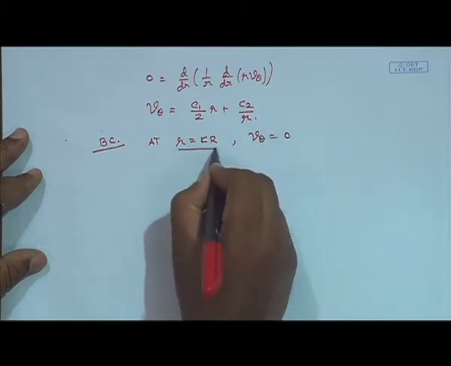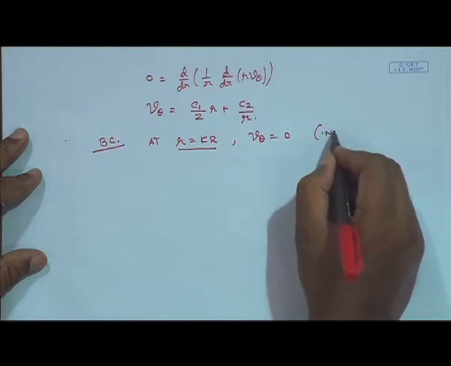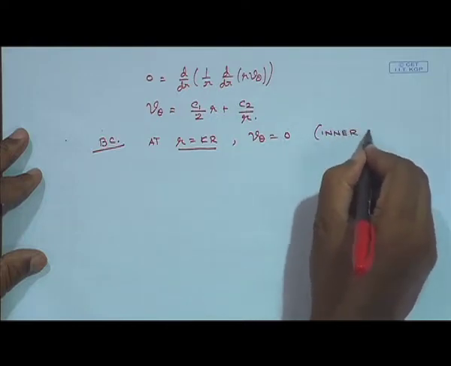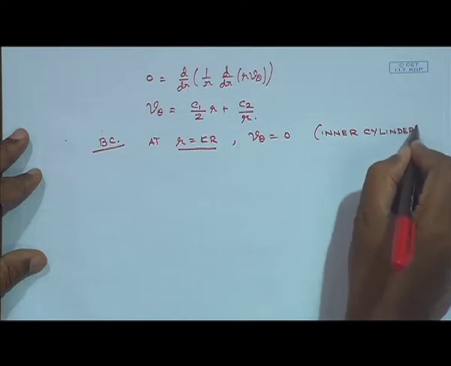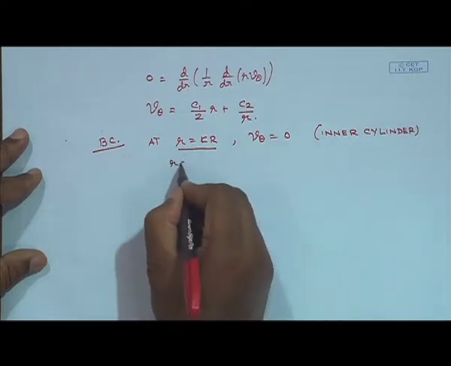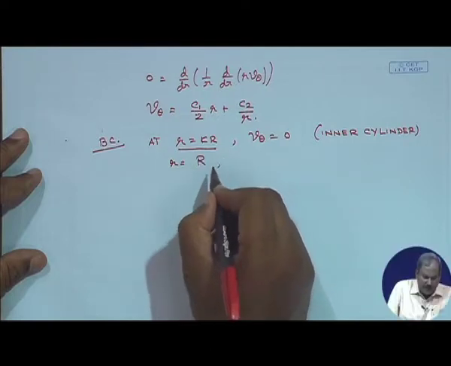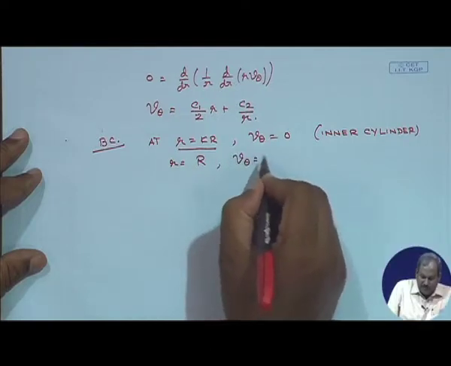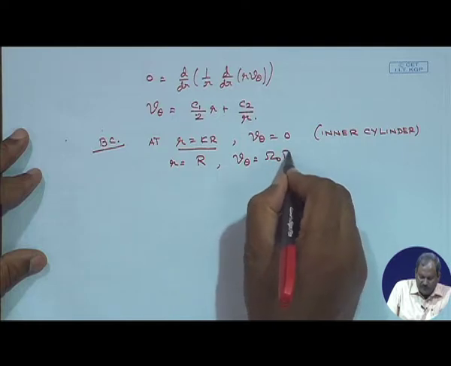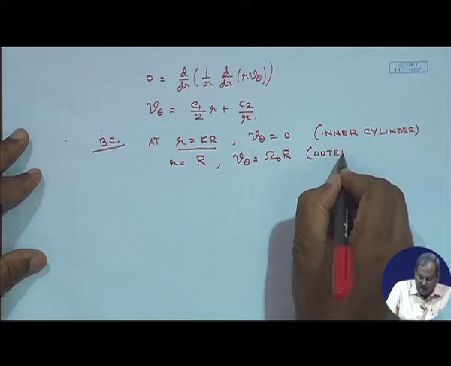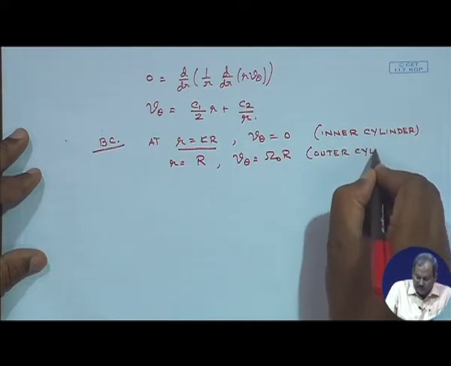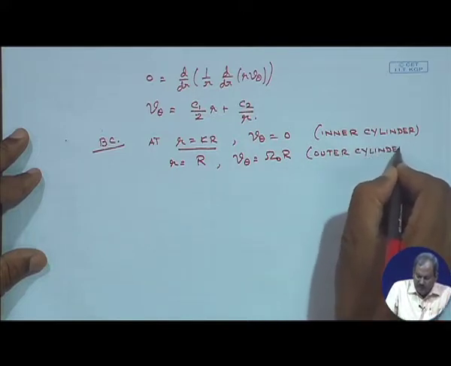This is essentially the inner cylinder, whereas at r equals capital R, v_theta would equal the angular velocity times R. This is what you have on the outer cylinder.